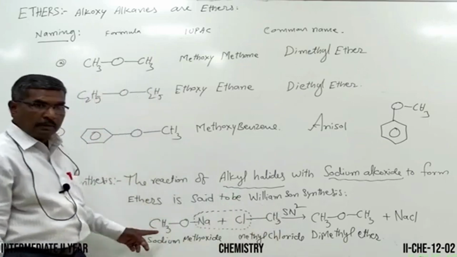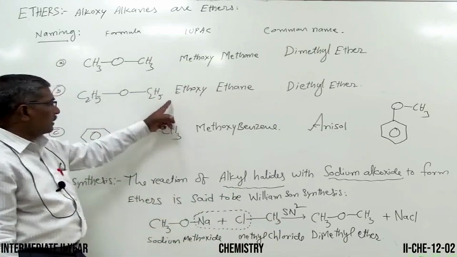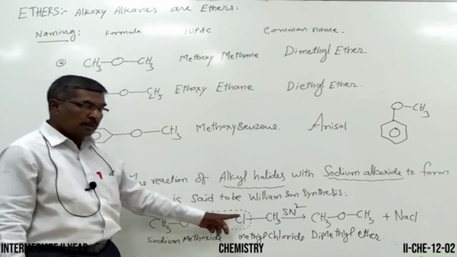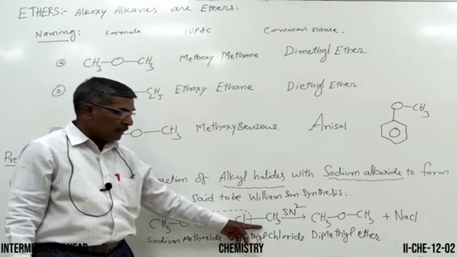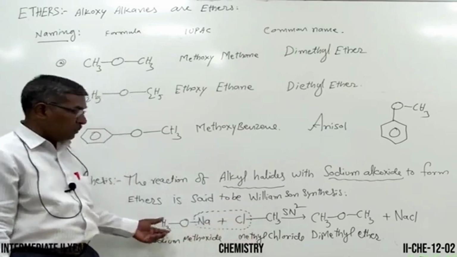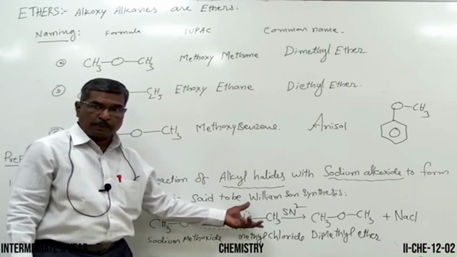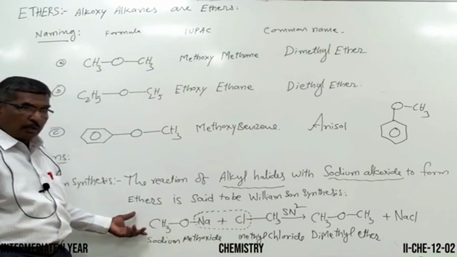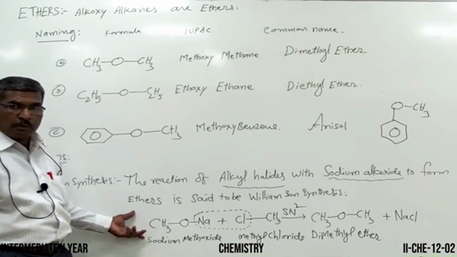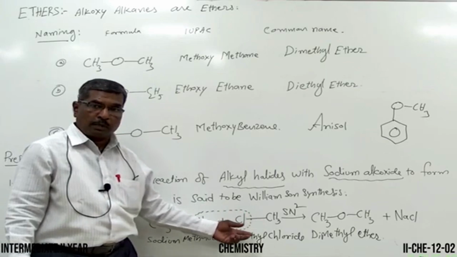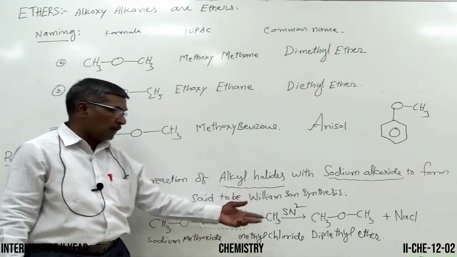If you want to prepare diethyl ether, you have to take sodium ethoxide and ethyl chloride. Depending on the alkyl names, you take the sodium alkoxide and alkyl halide. Here we take ethyl chloride, not methyl chloride; if you take methyl chloride, you will get the previous product.